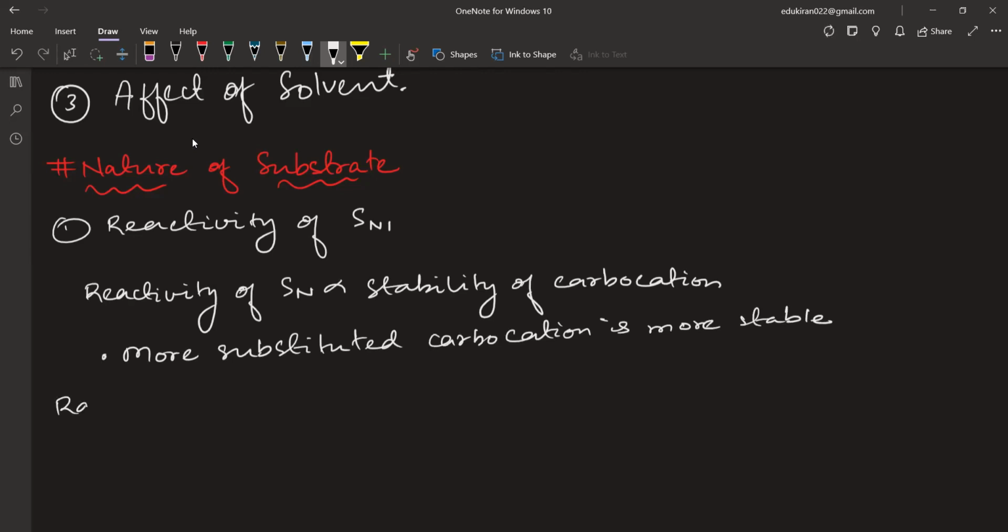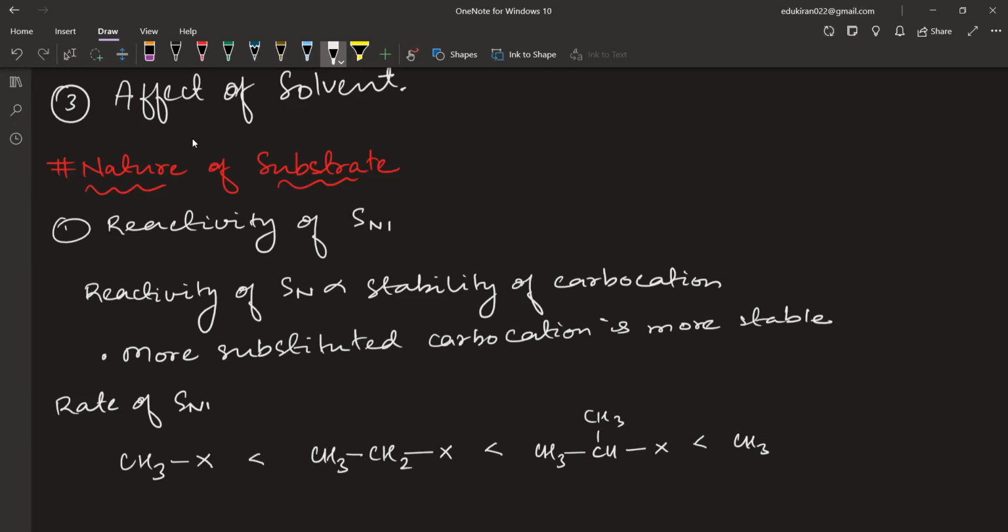That means for the rate of SN1, if all the halogens are same, the methyl halide will be the slowest, followed by 1 degree, followed by 2 degree, and followed by 3 degree. Okay, so write this down.